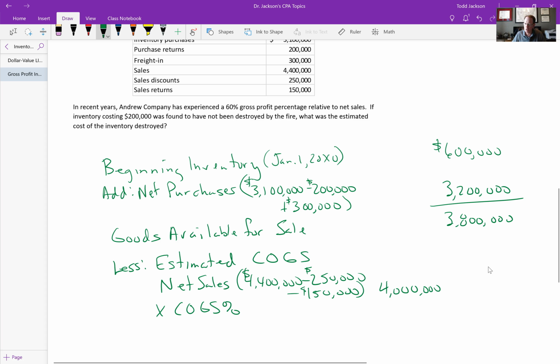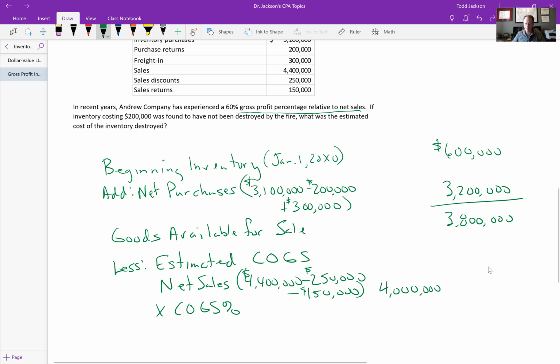The cost of goods sold percentage is the complement. Now we'll notice that the percentage was specified relative to net sales, and that's the form you probably hope to receive it in, so you don't have to make a conversion. You don't have to convert it to the percentage relative to net sales. So you need the complement though.